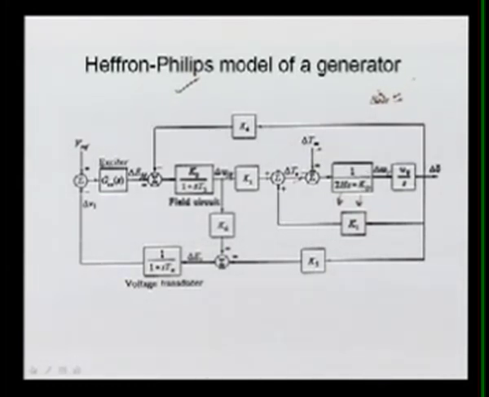Means you can see what we are getting here, it is Tm minus Te divided by 2H S plus D. So this is nothing but your swing equation. Here this D, that is Kd, we have taken, that is a damping constant.